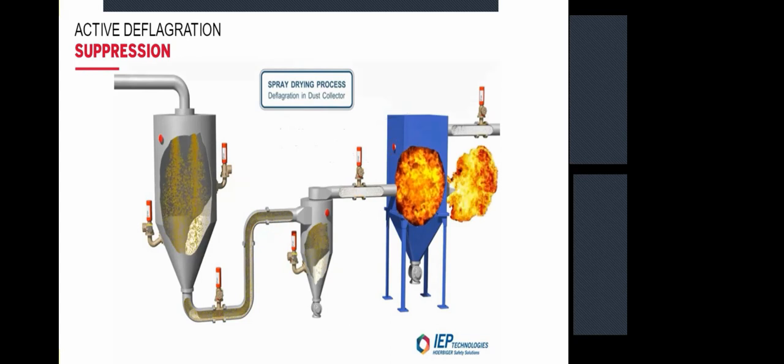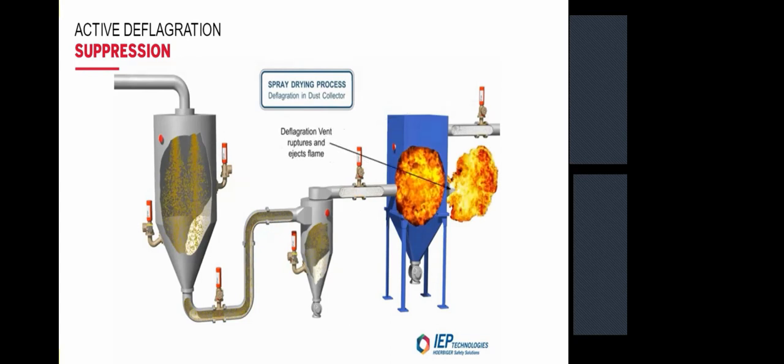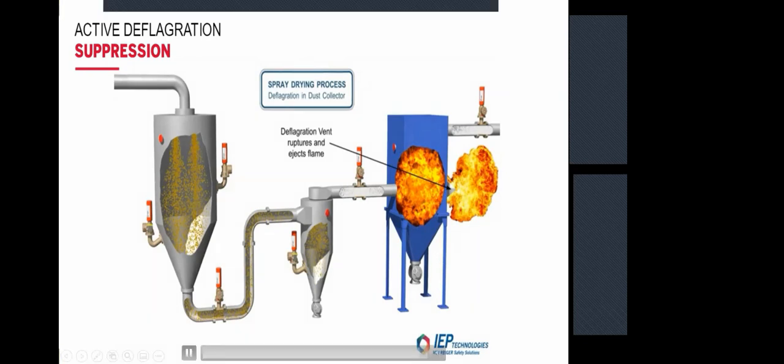As the final piece of equipment in the grain processing system, the dust collector is equipped with an additional component known as a deflagration vent. When the pressure detectors sense the pressure increase, the vent will open and eject the flame. This ejected flame is either vented directly to the outside of the building or within a safeguarded zone for venting inside a building.